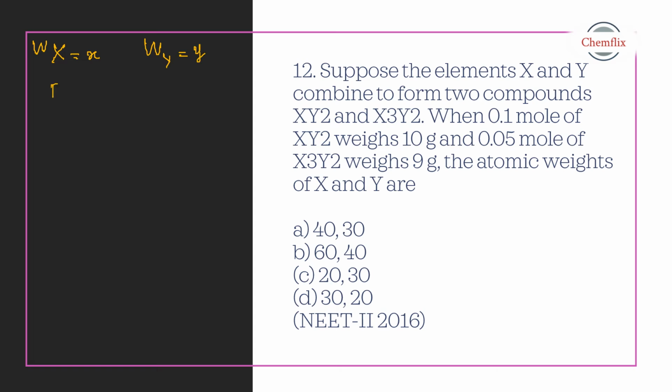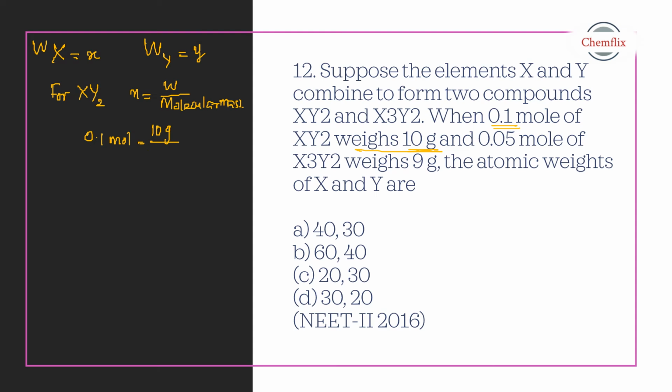So for XY2, the number of moles is equal to W divided by molecular mass. It is given that the number of moles is 0.1 mole, and XY2 is 10 gram.